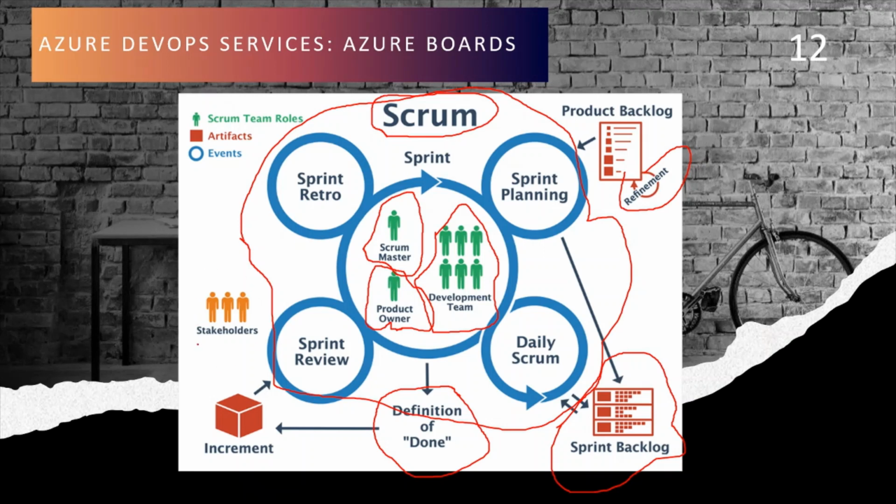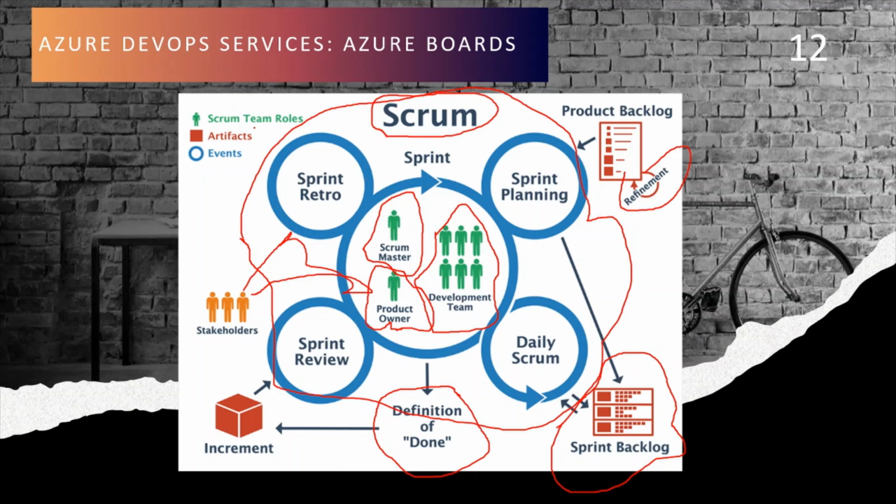And then stakeholders, they are not part of the scrum team, but they are looking from outside, and they are in continuous watch of all these things. So simply they are clients actually, or those who pay you money to do your work.